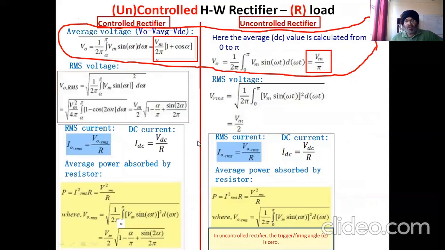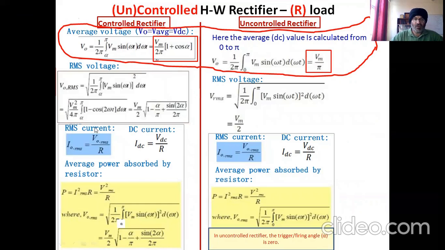Okay, to compare these two mathematically now. To find the average voltage for controlled and uncontrolled rectifier, by definition, the input supply voltage signal is Vm sine omega t. We know that was the source voltage. That voltage signal is integrated from alpha to pi, because from pi to 2 pi the output is 0 for half wave.